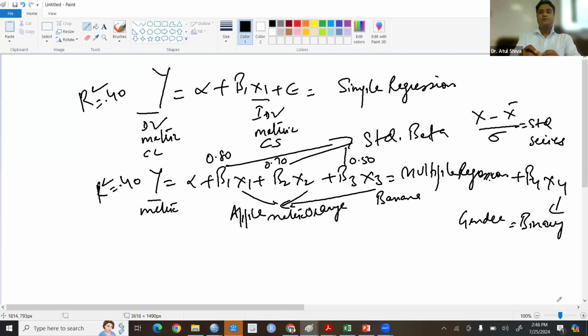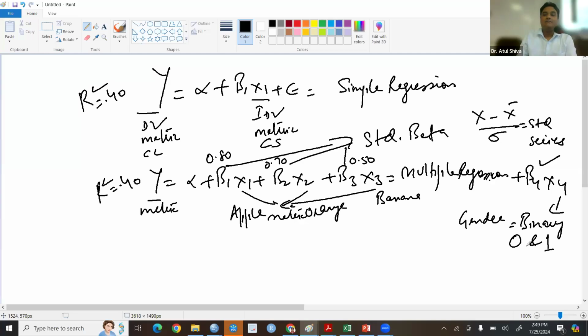Okay. So 0 and 1, this beta cannot be compared with other betas, because this beta will tell you whether males or females are contributing to the R square of the model. Apple beta, oranges beta and banana beta can be compared, but the beta of gender will not be compared with others.